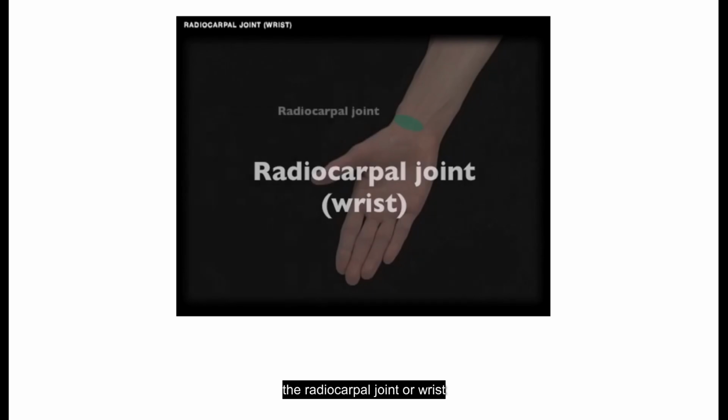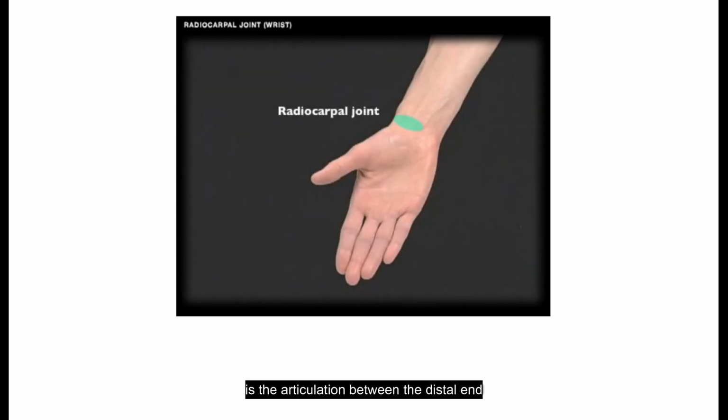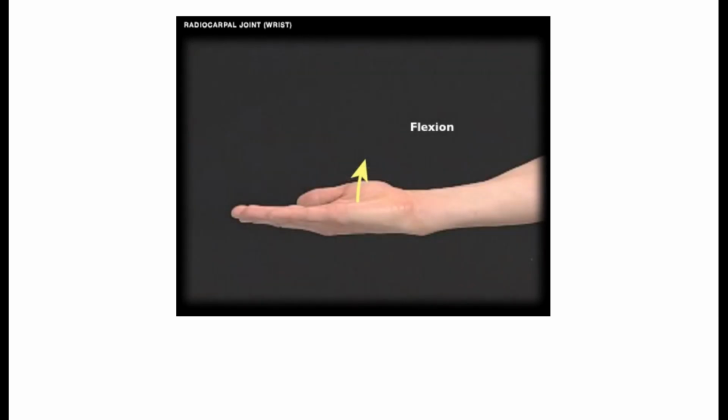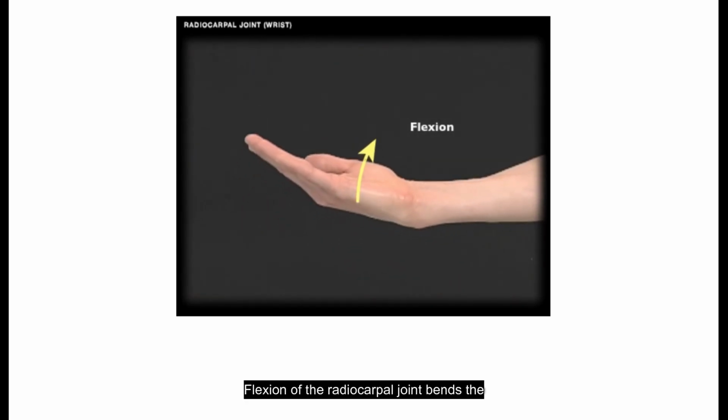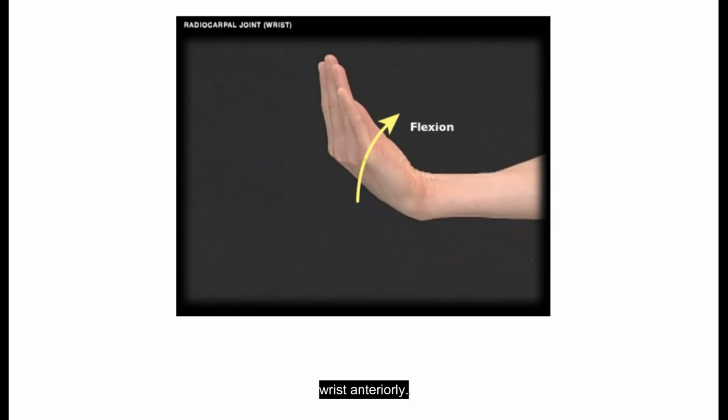The radiocarpal joint, or wrist, is the articulation between the distal end of the radius and the proximal row of carpal bones. Flexion of the radiocarpal joint bends the wrist anteriorly, for example, when curling a hand weight.